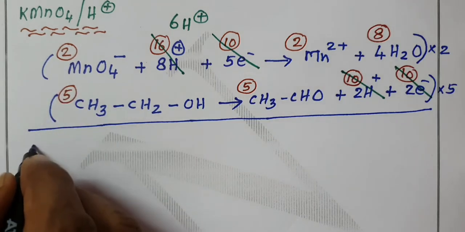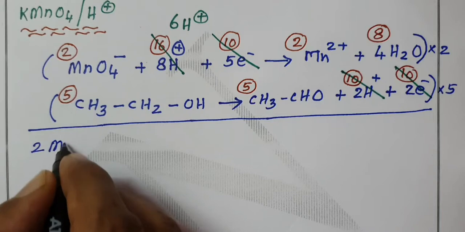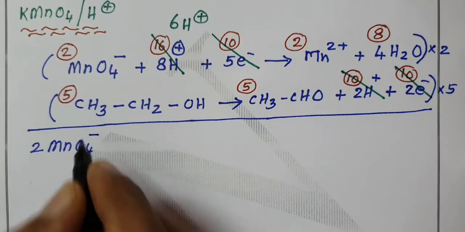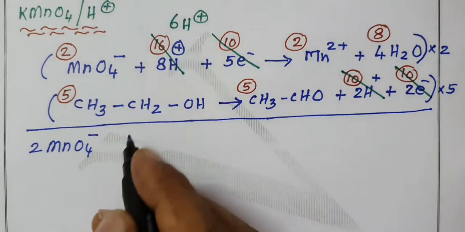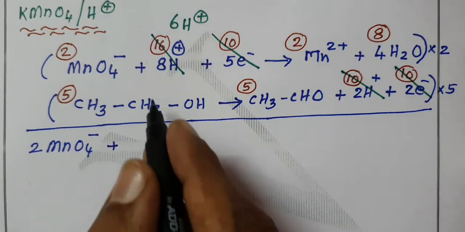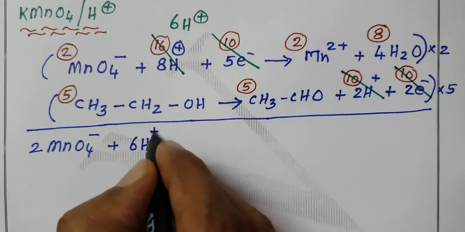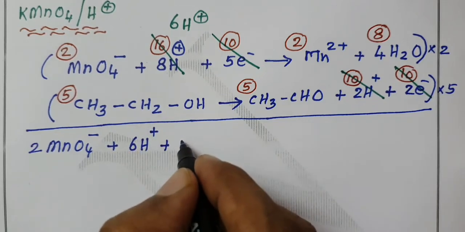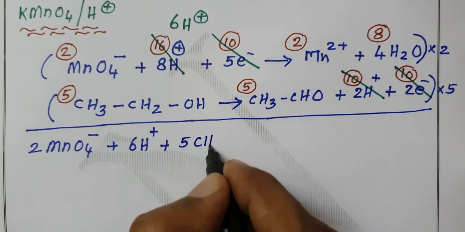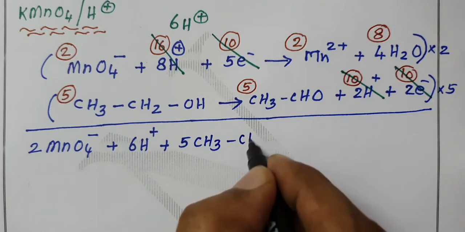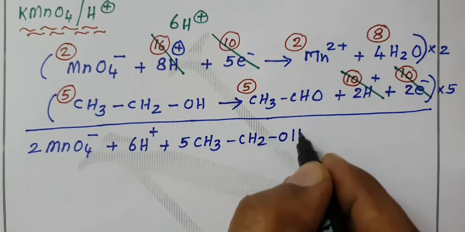2 MnO4 minus permanganate ions. How many H plus do we have? After cancellation we have 6 H plus, plus 5 molecules of ethyl alcohol, CH3CH2OH.